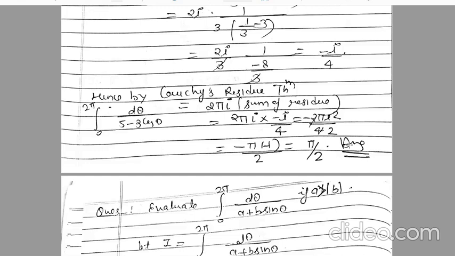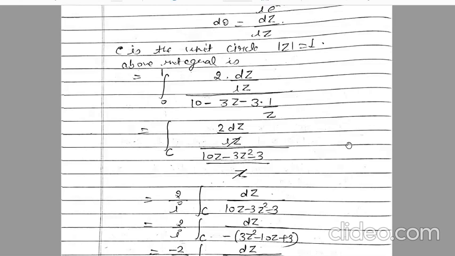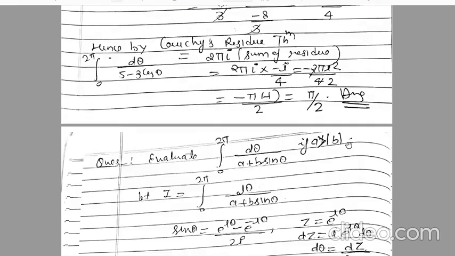After that, you will apply the Cauchy residue theorem. So there are 3 to 4 steps you need to learn and remember. This example which I discussed is very important, and another one is also very important because there is some trick there.